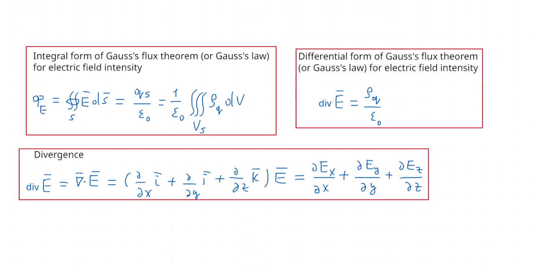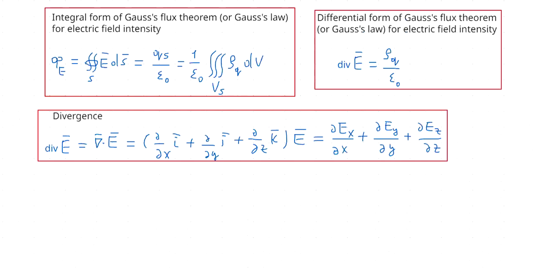Okay, and let's remember that electric field intensity for electrostatic field is always equal to minus gradient of electrostatic potential.